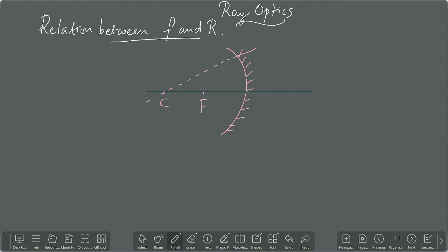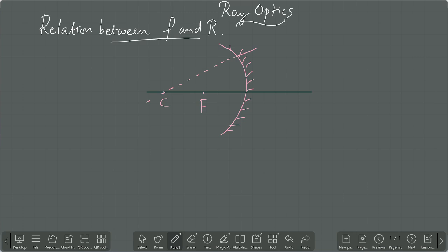Center of curvature. And obviously this line will be normal to the concave mirror. Why? This is acting like radius. Radius is always normal to that surface, right? Isn't it? That surface if you take, radius will be always normal. That's the basic concept.